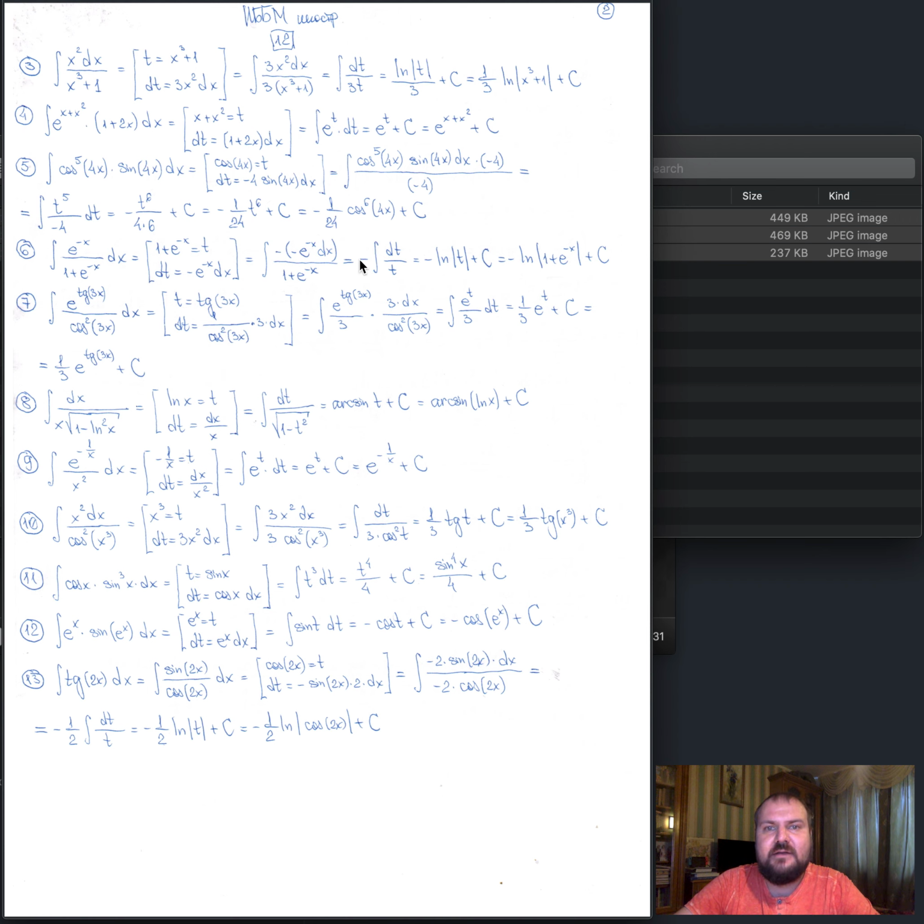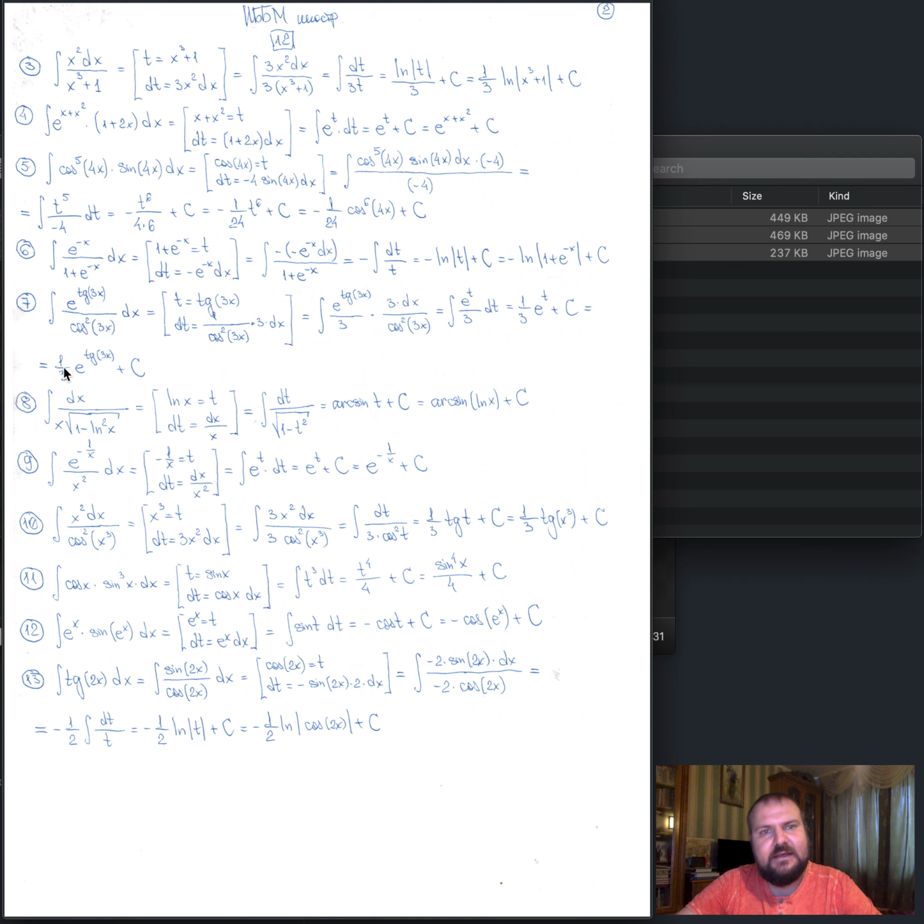And so we write that it would be equal to minus integral dt divided by t. The answer of this integral would be minus logarithm of the absolute value of t, and we return the t value. The final answer would be minus logarithm of the absolute value 1 plus e to the power minus x plus constant.